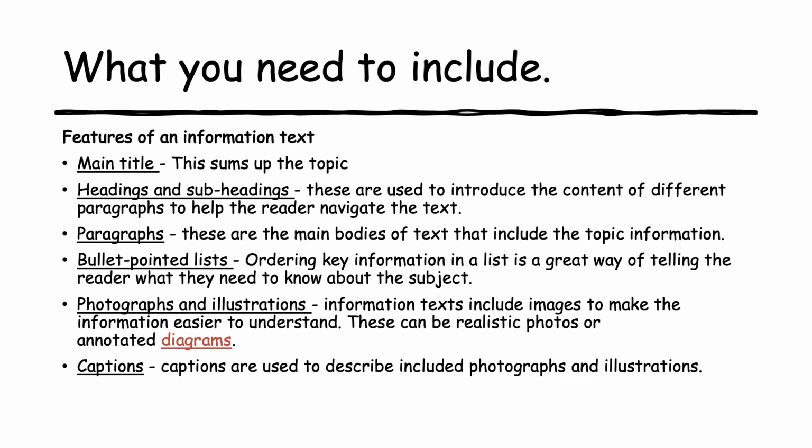We've got a subheading called the introduction. You need to use paragraphs, and you can also use bullet point lists, photographs and illustrations. Now I'm not expecting photographs, but we can do labeled diagrams, can't we, and pictures.